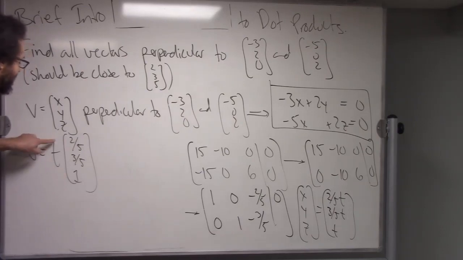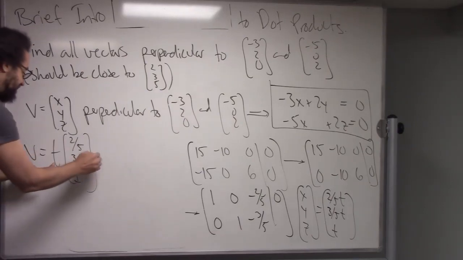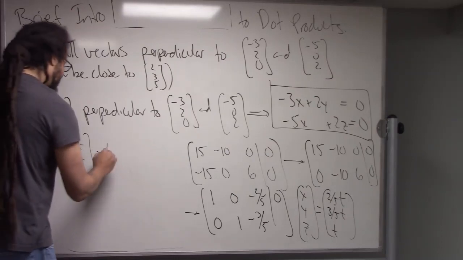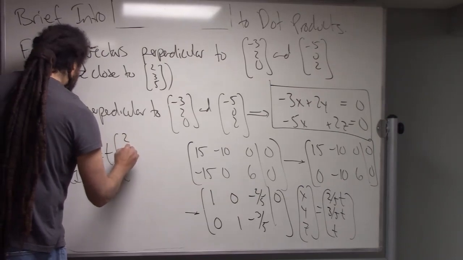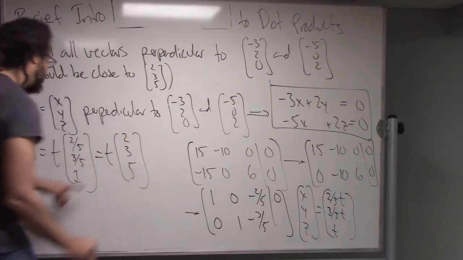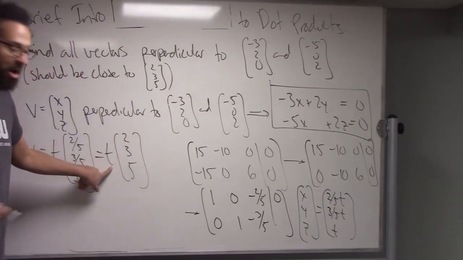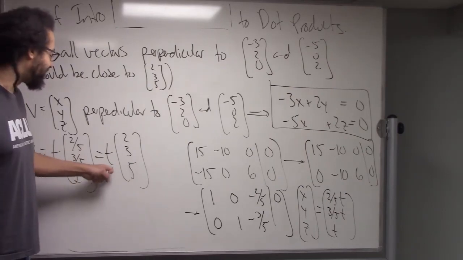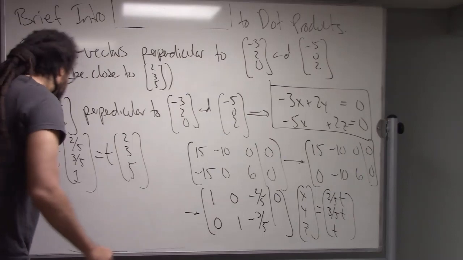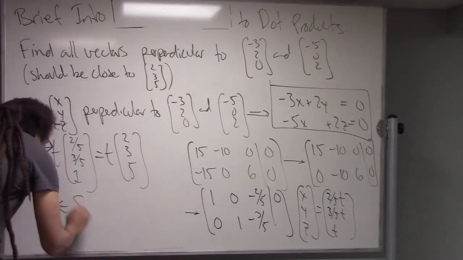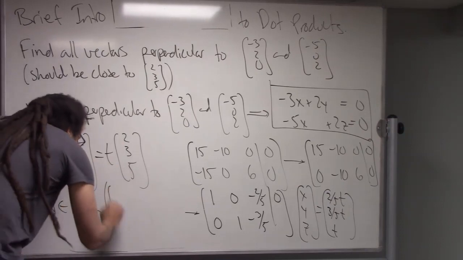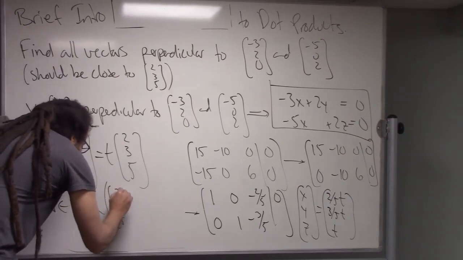But as t runs through all of the real numbers, certainly t can be equal to 5, and so this is the same thing as 2, 3, and 5 when t runs through all of the real numbers. So what does v have to look like if it's perpendicular to these two things? That means that v belongs to the span of this one single vector, 2, 3, 5.